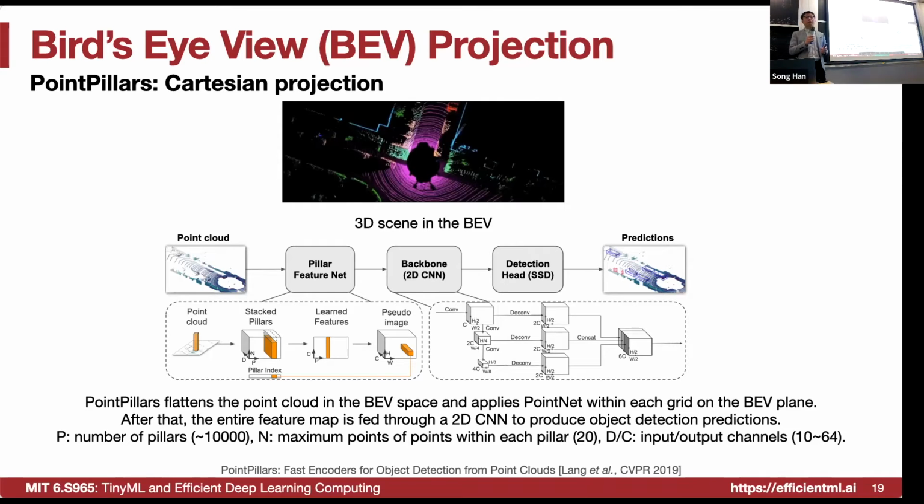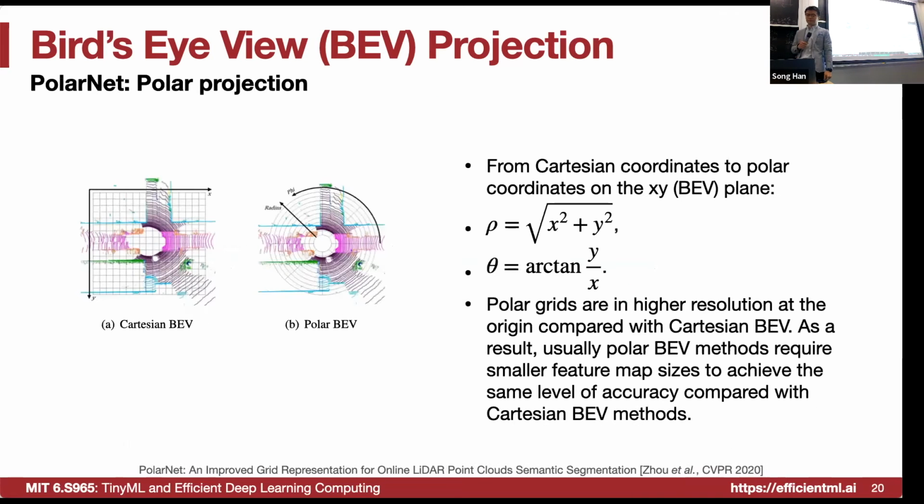Since after pillar pooling we are operating exactly on the 2D image rather than 3D, since we already projected the 3D information into 2D, we can just use the normal 2D pipeline, whatever you have, to do the detection or segmentation. After this part, it's entirely the same as a 2D scene.